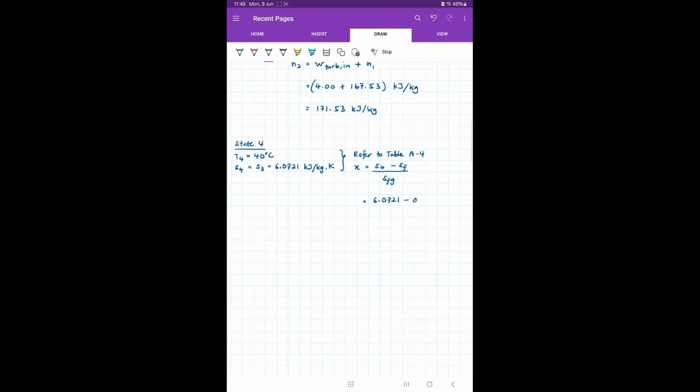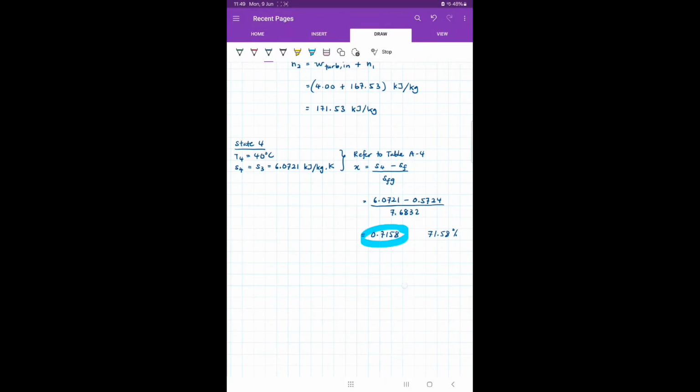You will get 0.5724 over 7.6832, which equals 0.7158. What this tells you is that you have about 71.58% of steam in your fluid.